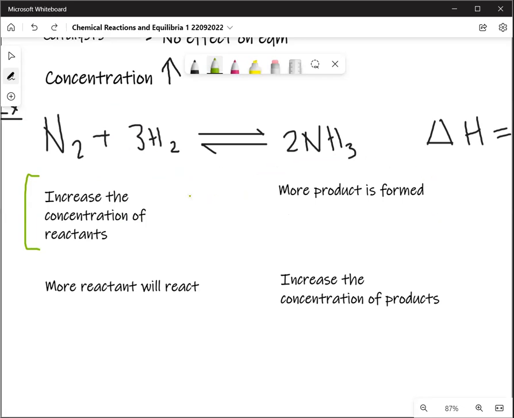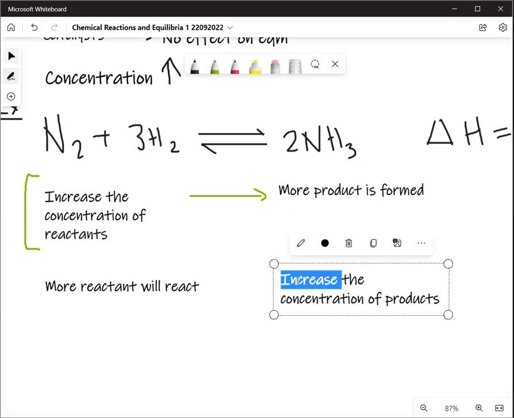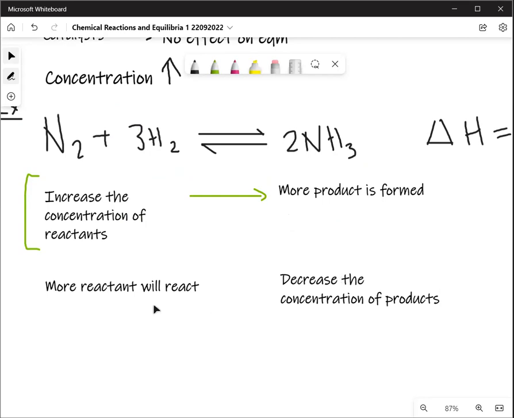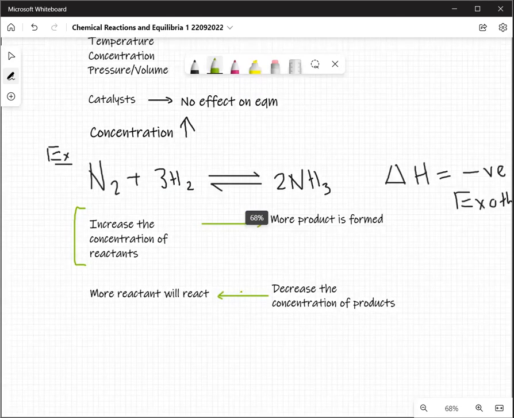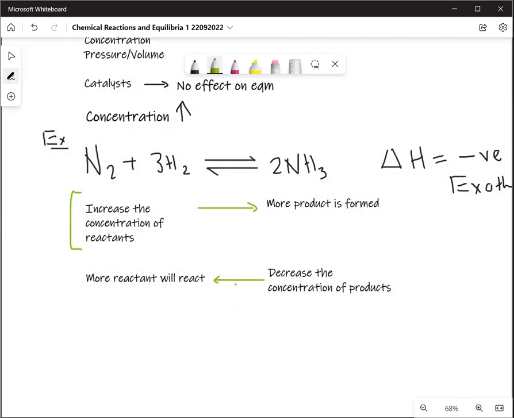But if I decrease the concentration of the products, then more reactants will react. Now, you need to write this down.